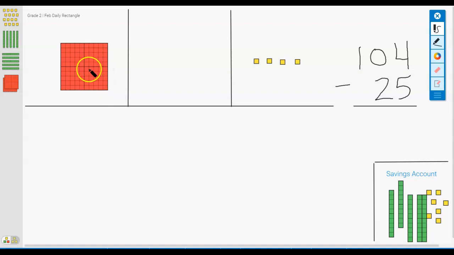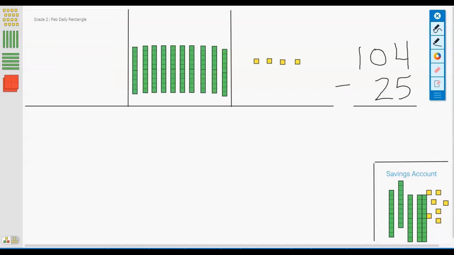Because if we have one solid hundreds piece, can we take anything away from it if we don't break it up? Thumbs up or thumbs down? No, we can't. We have to exchange it or trade it for some tens pieces. So let's turn this hundreds piece into 10 tens pieces. Now it will be easier to solve our equation.